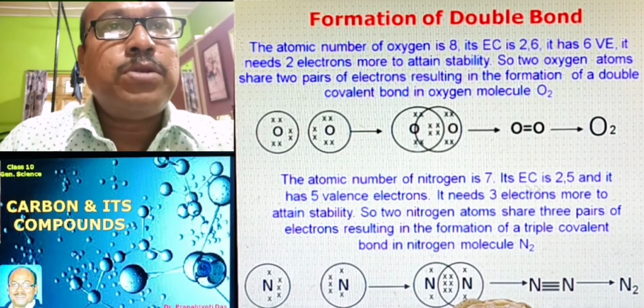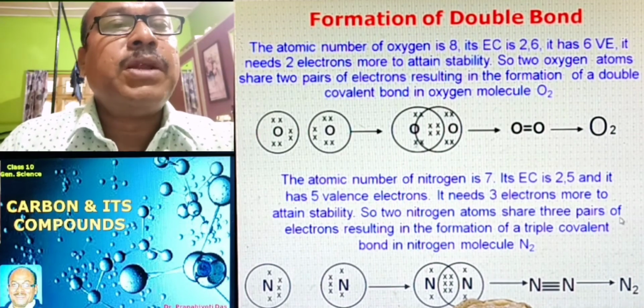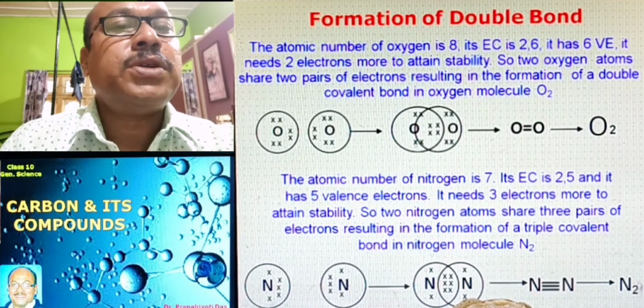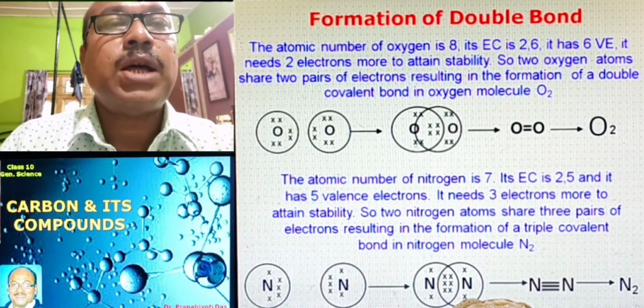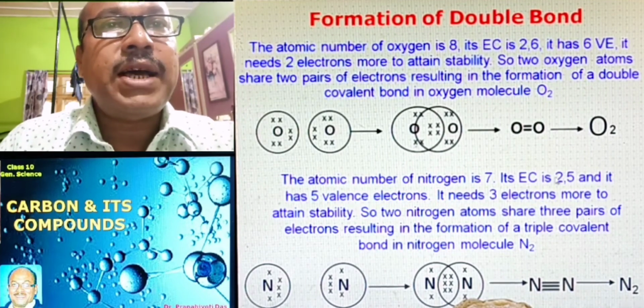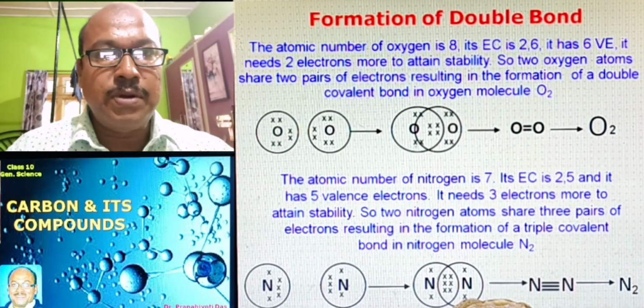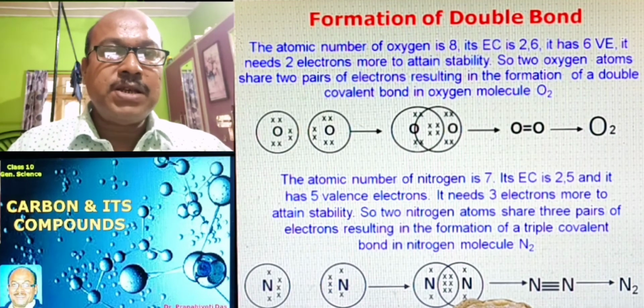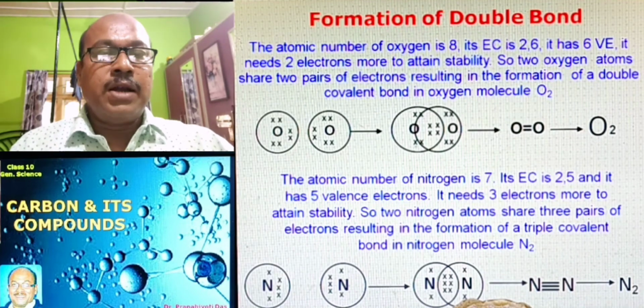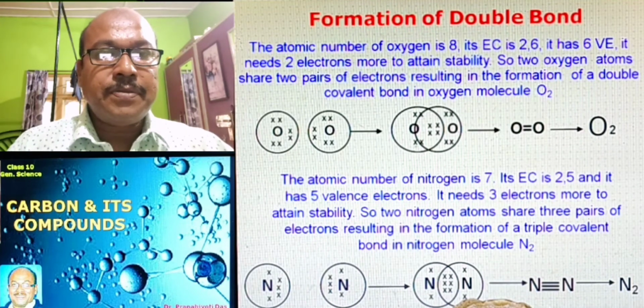Now let's come to the triple bond, and this triple bond can be explained with the help of the formation of nitrogen molecule. So what is the atomic number of nitrogen? It is 7. So its electronic configuration is 2,5. It means that the outermost orbit of nitrogen has 5 electrons.